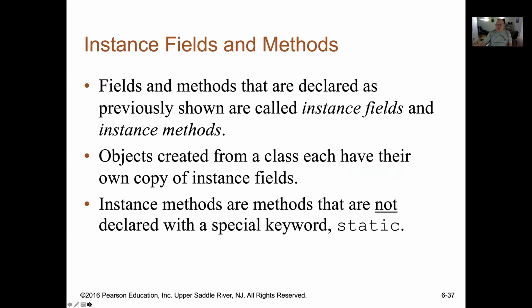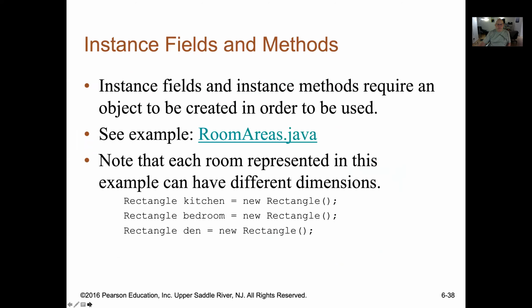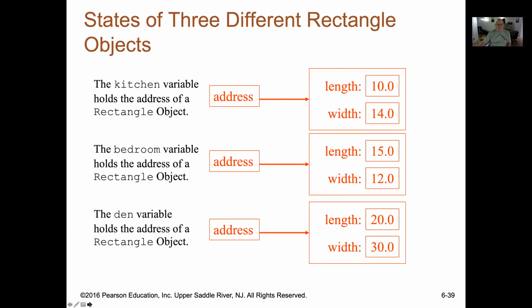Fields and methods that are declared as previously shown are called instance fields and instance methods. Instance methods are methods that are not declared with the special keyword static. So this is the state of 3 different rectangle objects. Take a look at the kitchen variable, the bedroom variable, and the den variable.